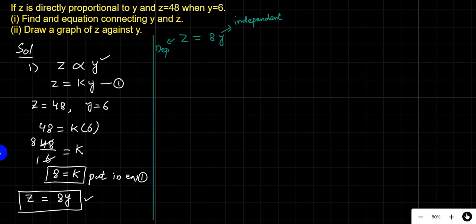How does z depend upon y? You can change the value of y by yourself. Like by putting y equals 0, z will be 0. By putting y equals 1, z will be 8. By putting y equals 2, z will be 16.